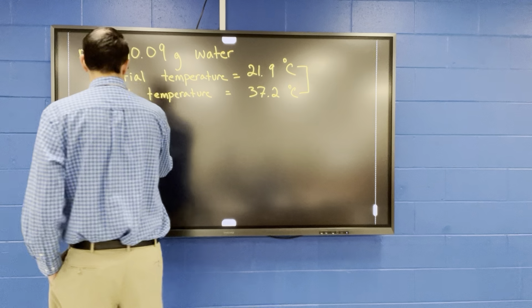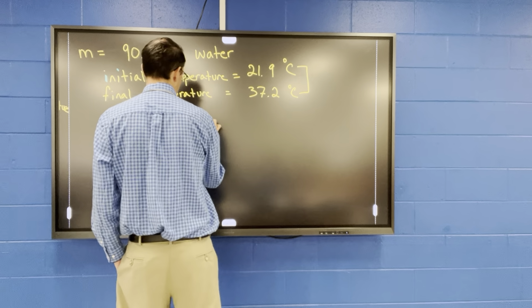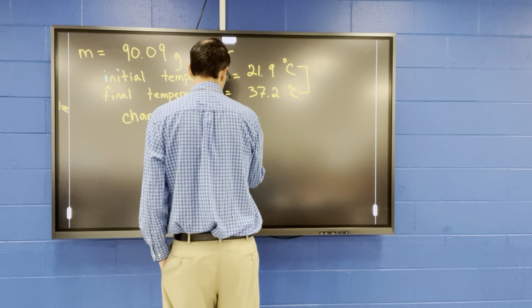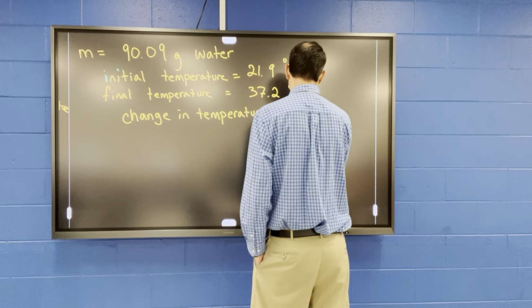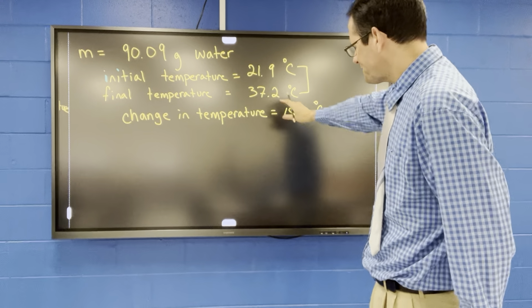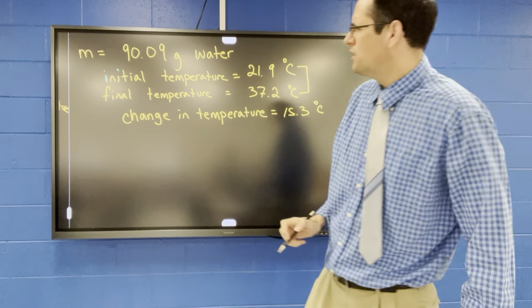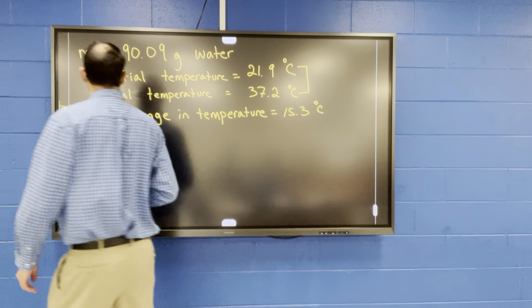So the change in temperature is 15.3 degrees Celsius. Now this will only work in Celsius. And in our mathematical equation before, we called this delta T, okay?